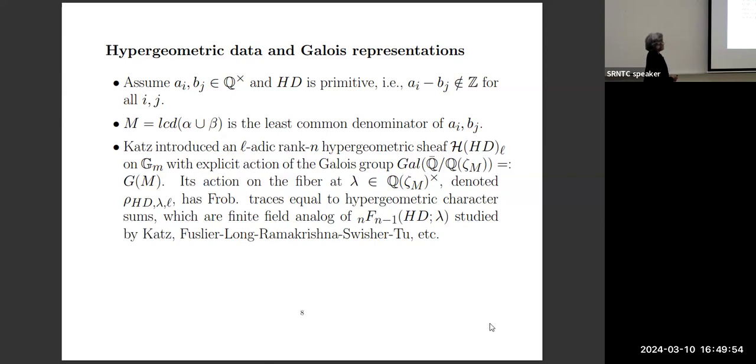These hypergeometric character sums were studied by Katz to begin with. And Fuselier, Long, Ramakrishna, Swisher, and Tu recently published a very nice MS memoir, which studied these hypergeometric character sums extensively. So that's a great reference, which I recommend to everyone.